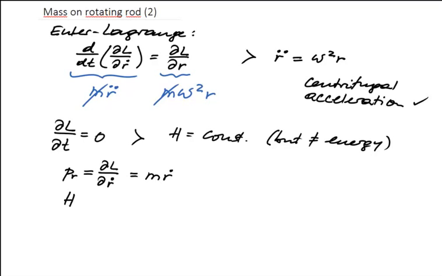The Hamilton function is defined as momentum times velocity, so p_r times r dot minus the Lagrange function. That was the formal definition.